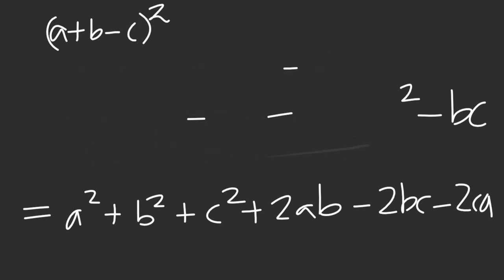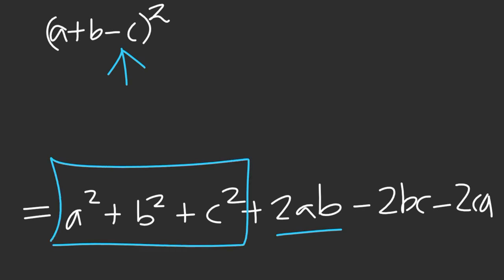If you remember the first formula, (a + b + c)² is a² + b² + c² + 2ab + 2bc + 2ca. Now if c is negative, one term is negative, then the three square terms will always be positive, whatever it is, negative or positive.